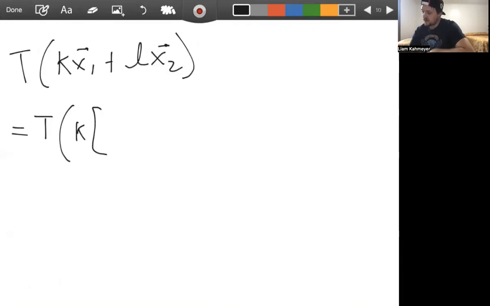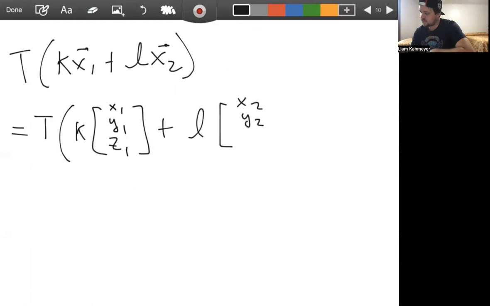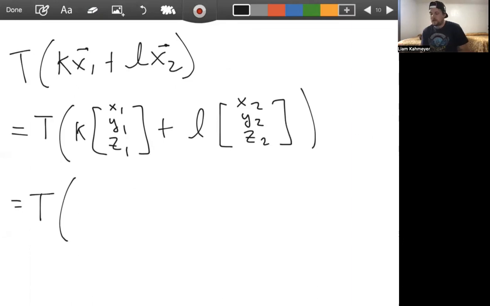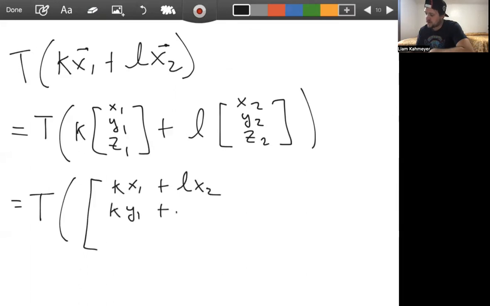So we have k times x1, y1, z1 plus l times x2, y2, z2. I'll do this in one step, but we can pass the scalar multiple to the inside of the vectors, and then we can do the vector addition and get one vector that is k x1 plus l x2, k y1 plus l y2, and then k z1 plus l z2.